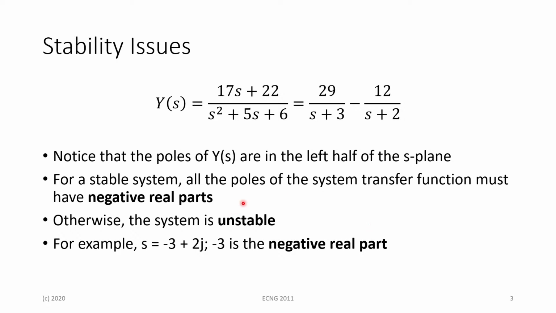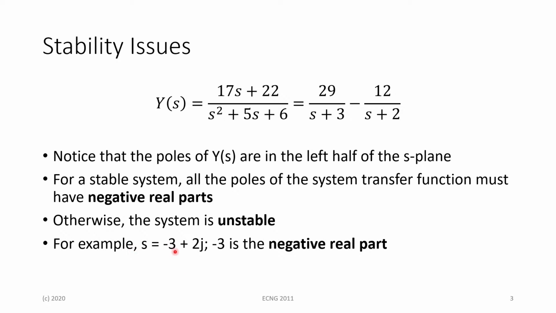So, like I said, notice that the poles of Y(s) here are on the left-hand side of the s-plane, meaning s less than 0. For any stable system, your poles need to have negative real parts. Otherwise, your system is going to be unstable. This also holds true for complex poles, because even if you have a positive imaginary part, but the real part is negative, that still means the system is going to be stable, because it lies on the left-hand side of the s-plane.